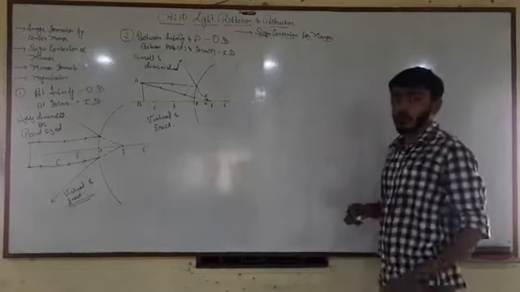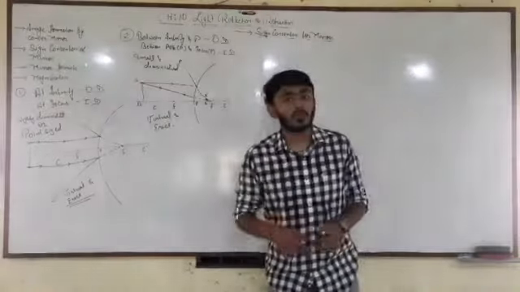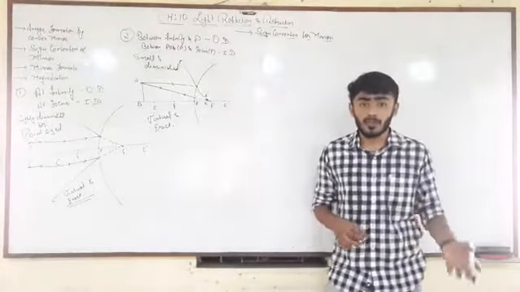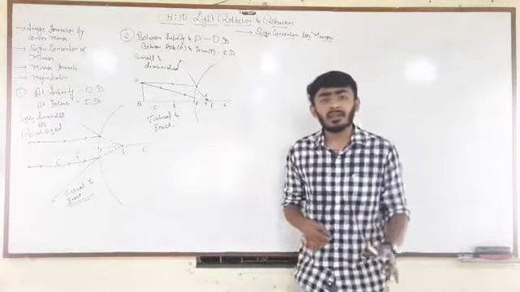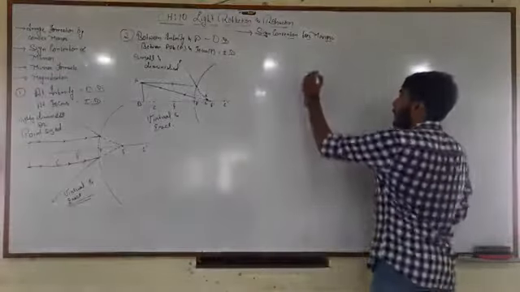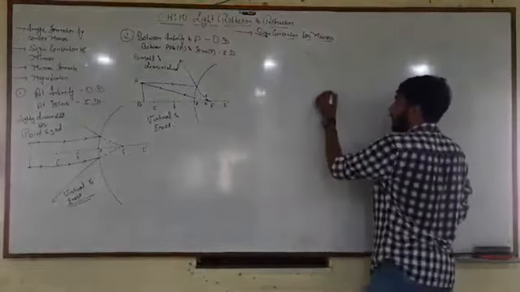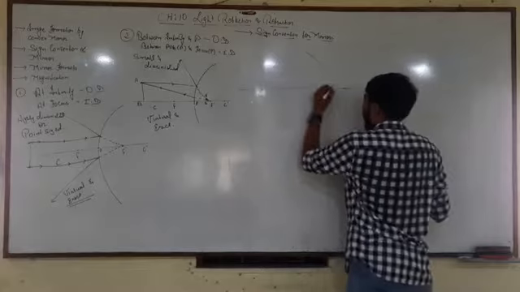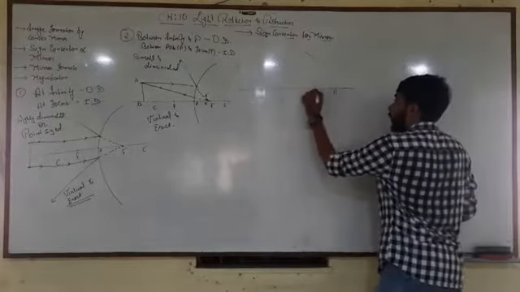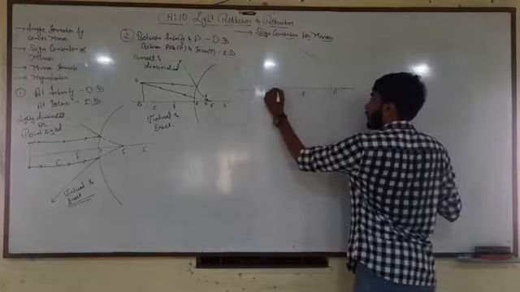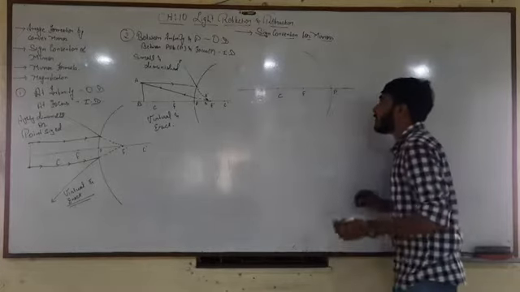Now as we saw, there are 2 different types of curved surface, one was the concave surface and another was the convex surface. So let us say we will draw a common one, that is a concave surface mirror, and we are taking this as the origin. Say this was a pole, this was a focus, this was the center of curvature.